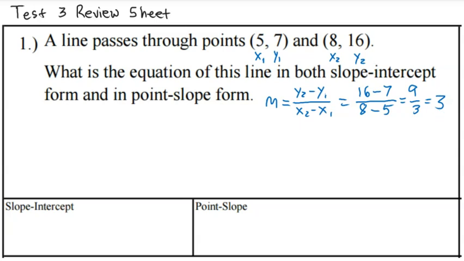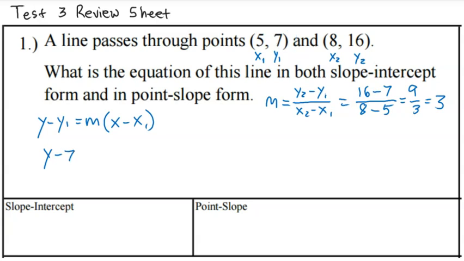And now the point-slope form goes like this: y minus y1 equals m, which we now know, times (x minus x1), okay? So we go y minus, well, what's y1? y1 is 7.